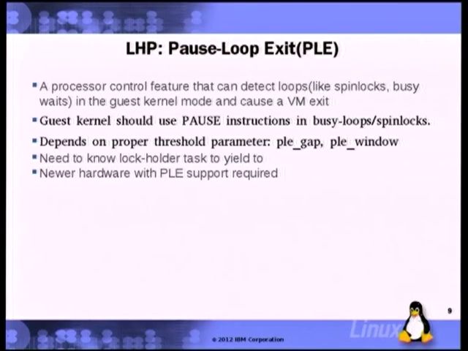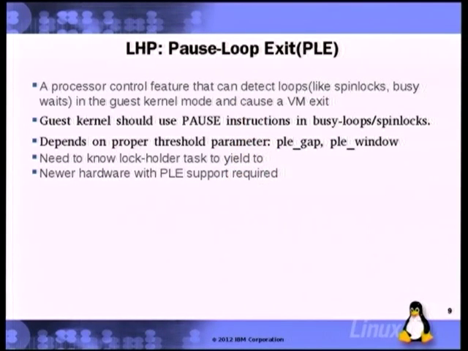This is basically done in the hardware. So there are some registers that can be programmed for what is the threshold you want to do the exit, that kind of thing. One of the limitations is that the guest kernel should use pause instructions in the busy loops or spin locks.